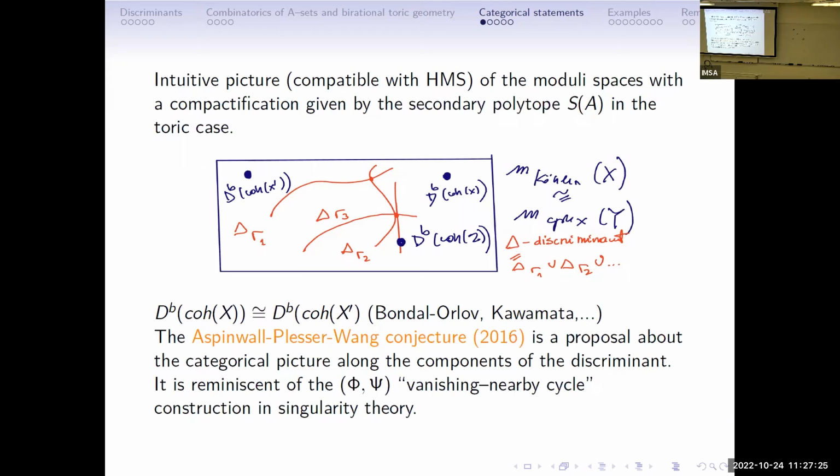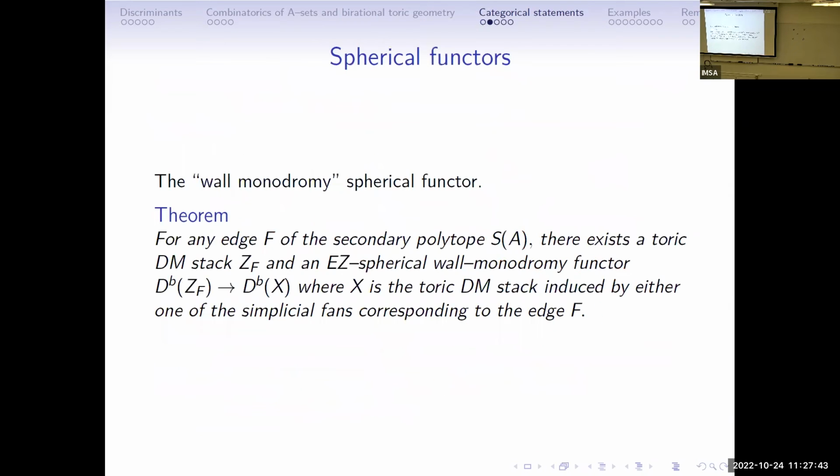What Aspinwall, Plesser, and Wang did was propose, combinatorially, what categories should be attached to each component. Each component here is combinatorially defined, and they really have a recipe for that.